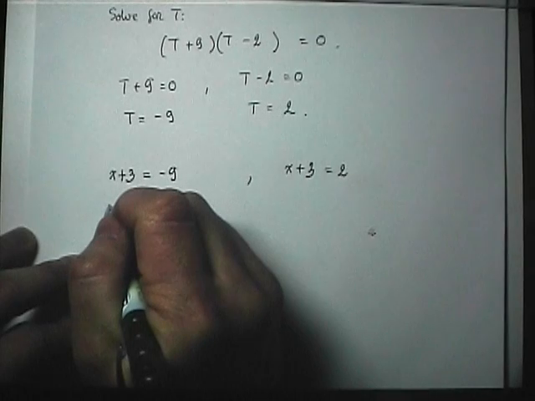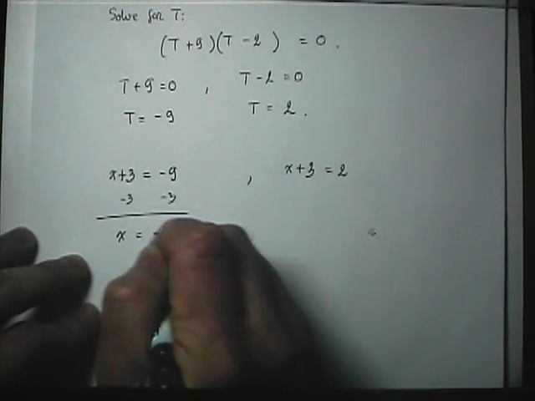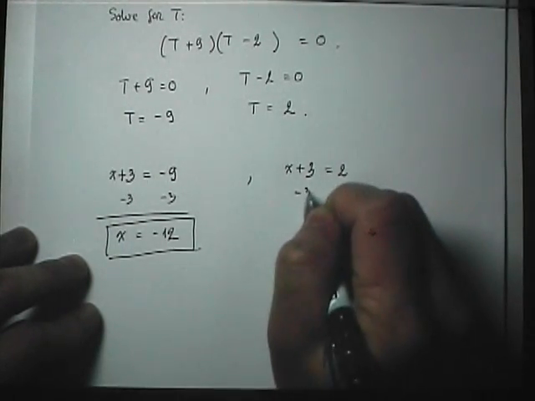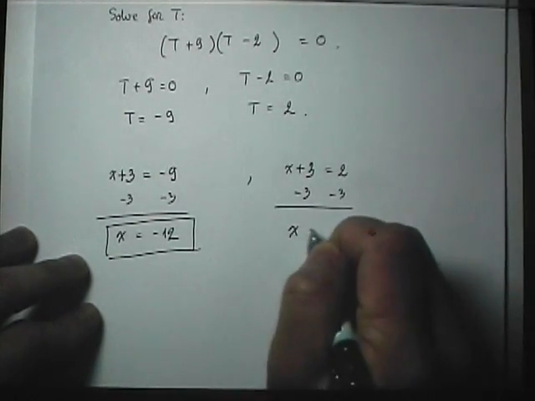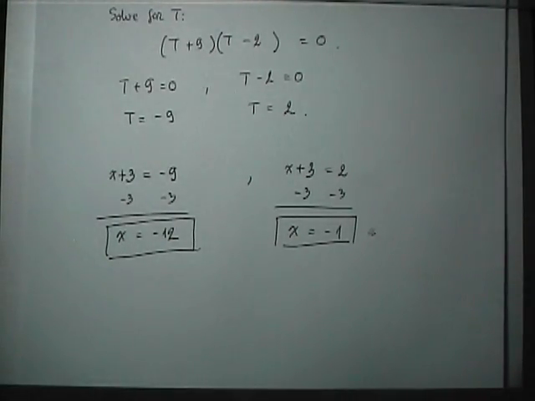Now I can solve by subtracting 3 from both sides. And that gives me x equals negative 12 for one of them. And subtracting 3 from both sides, x equals negative 1 on the other hand. And that's how I can solve my equation using the substitution method, I mean using quadratic-like equation methods.